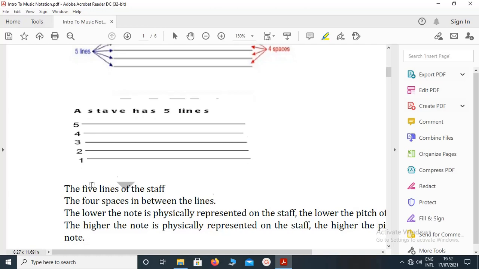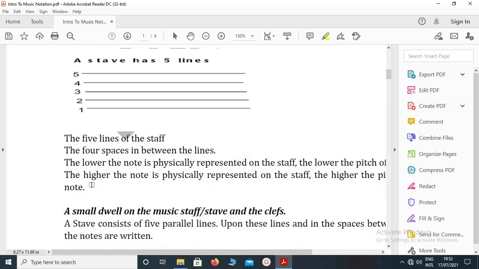So now, the five lines of the staff and the four spaces in between the lines. The lower the note, the lower the pitch. One thing we need to know is that as the notes tend to be down here, their pitch will sound low compared to when it is up. For example, a note here is different from the way it would sound here.